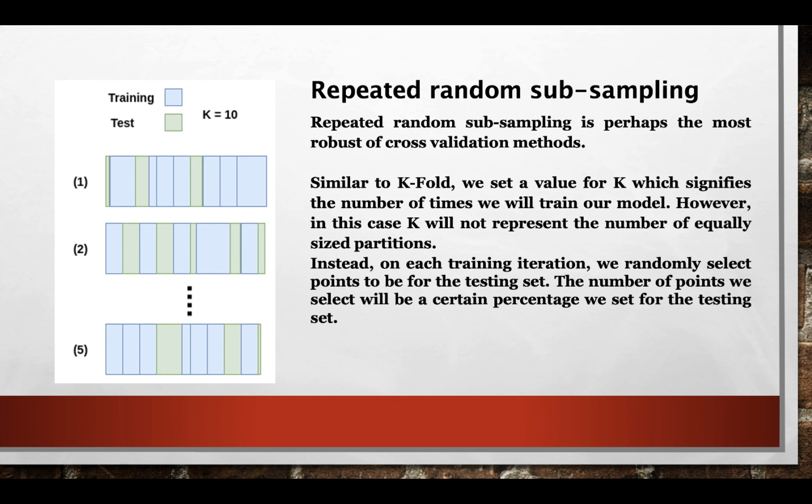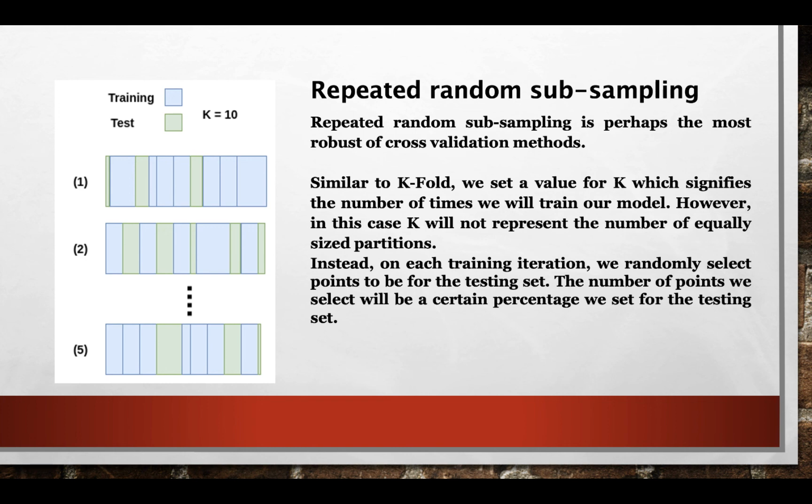The clear advantage of this method over k-fold is that the proportion of the train-test split is not dependent on the number of iterations. We can even set a different percentage for the test set on each iteration if we wanted to. Randomization may also be more robust to selection biases.